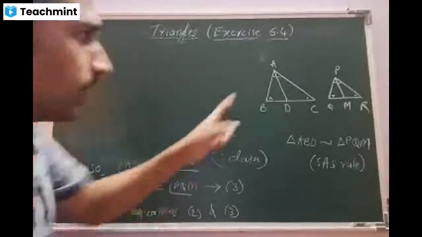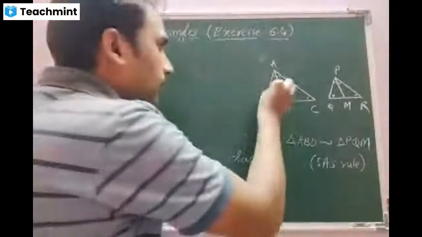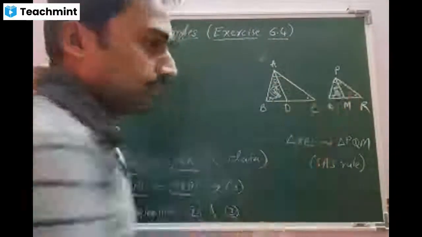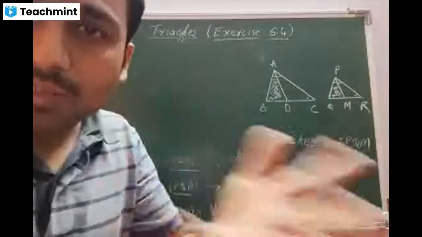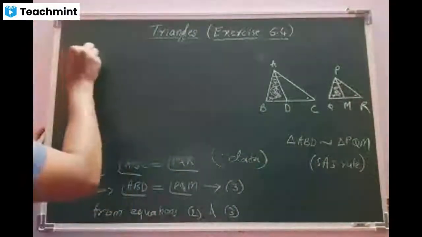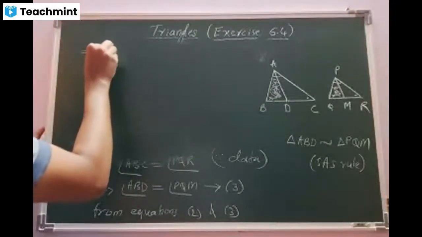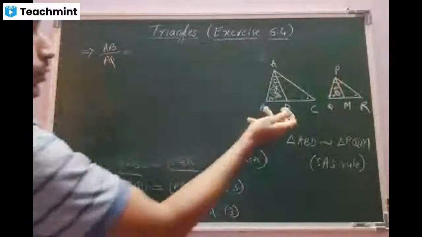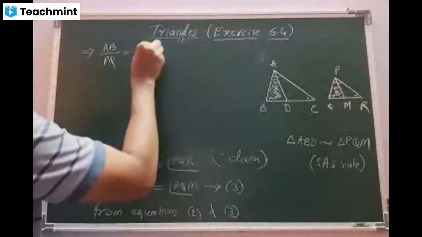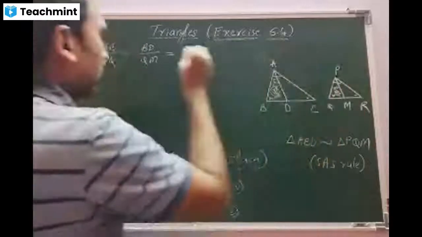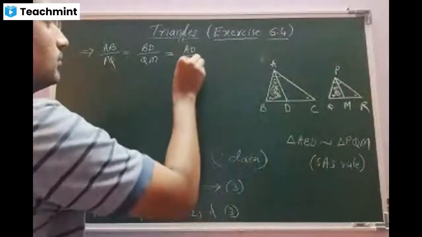Okay, beta. When triangle ABD is similar to triangle PQM, I can write all the three sides are proportional. Corresponding sides are proportional. Correct, beta? This implies AB by PQ is equal to BD by QM is equal to AD by PM. Am I right?